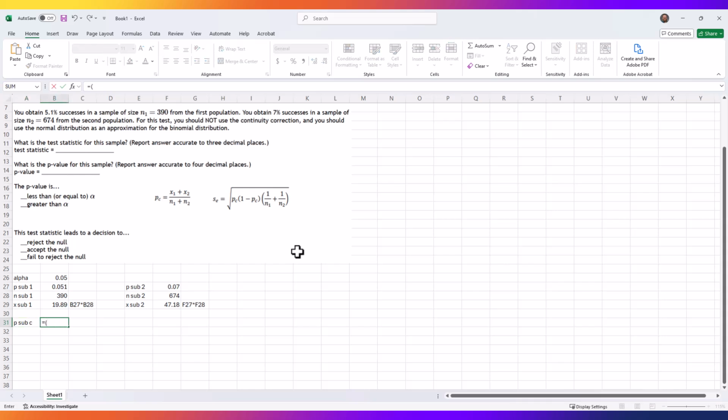This is the sum of the successes, x sub 1 plus x sub 2, divided by the total sample, so x sub 1 plus x sub 2 over n sub 1 plus n sub 2. We see that we kind of interchange variables, as it might be p sub a or p sub 1, something like that, so we'll have to make a bit of an adjustment here. Once I have the pooled probability, I can use it to find the standard error.